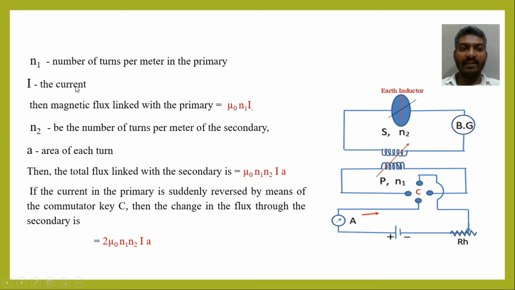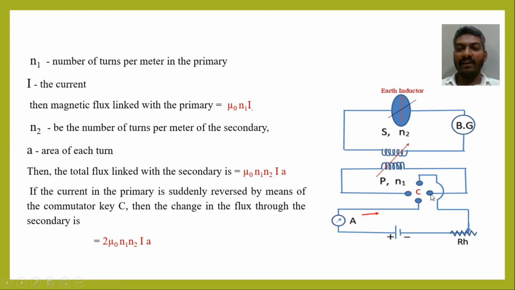Let I be the current in the circuit. Then the magnetic flux linking with the primary coil is given by mu naught N1 into I. Then mu naught N1 N2 IA is the magnetic flux linking with the secondary coil, where this A is the area of each turn, when current is flowing in one particular direction.